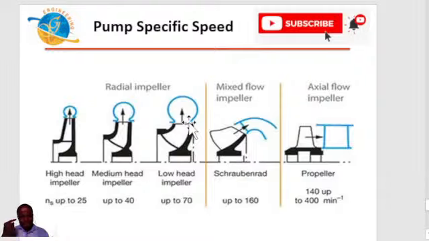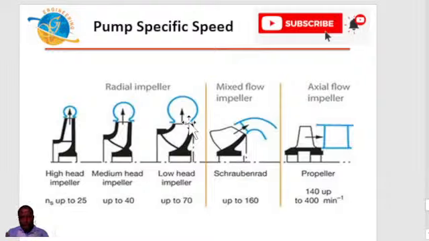Basically, the radial flow impeller is most suitable for discharging a small quantity of flow against high head. So you also have to check: do you have a low flow against high head? If so, the radial flow impeller is best suited for that task.